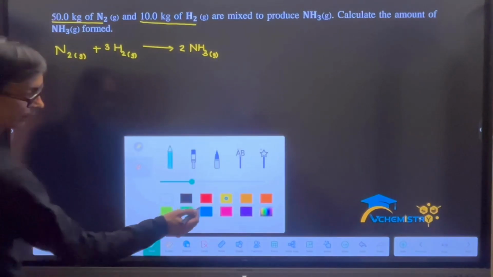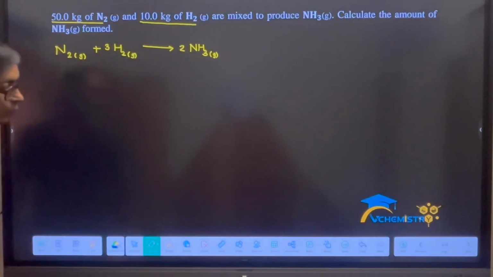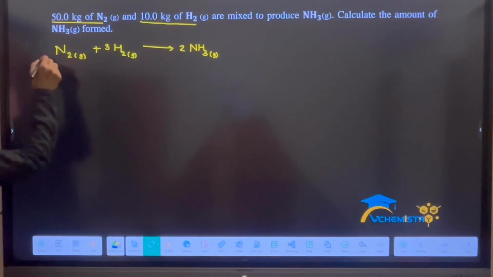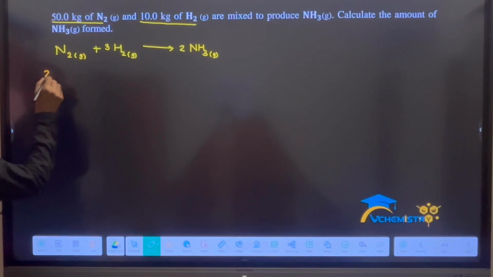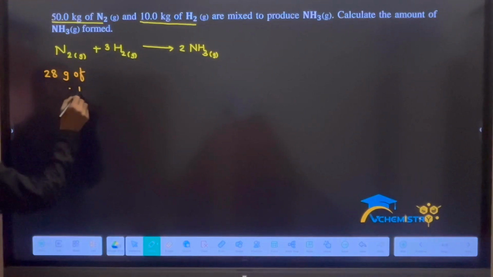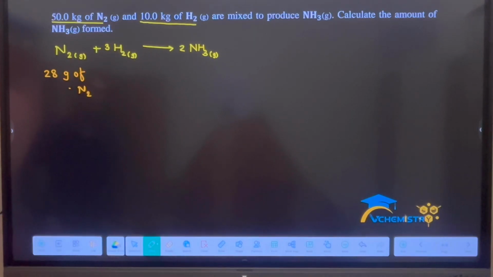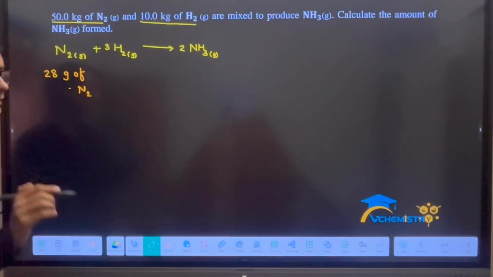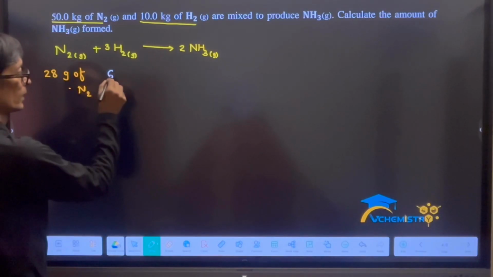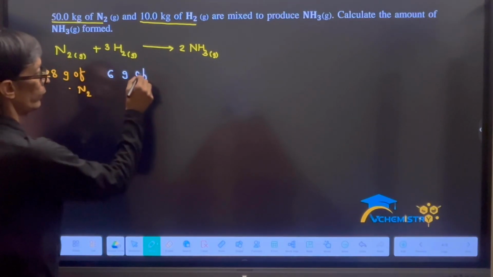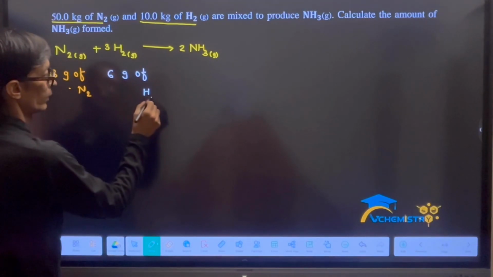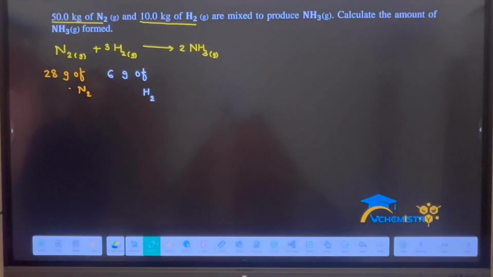For N2, 1 mole of N2 according to the reaction, that means 28 gram of N2 reacts with 3 H2, 3 into 2 is 6, that means 6 gram of hydrogen.